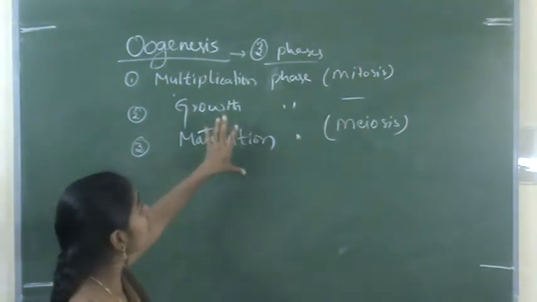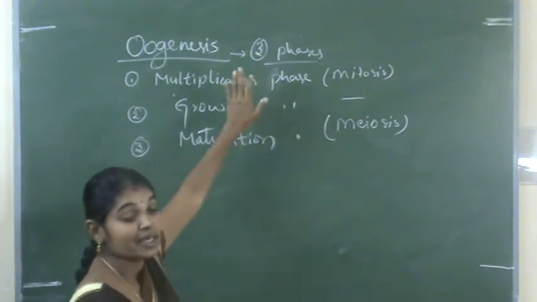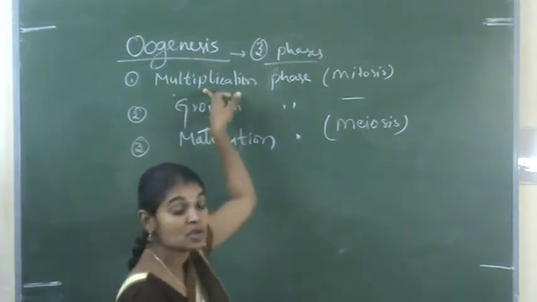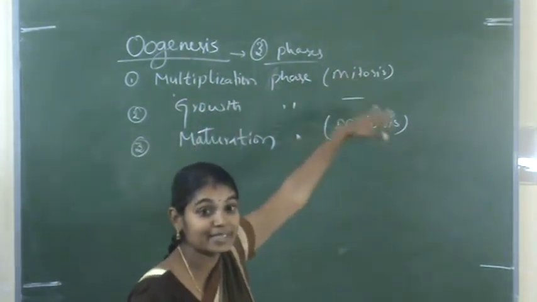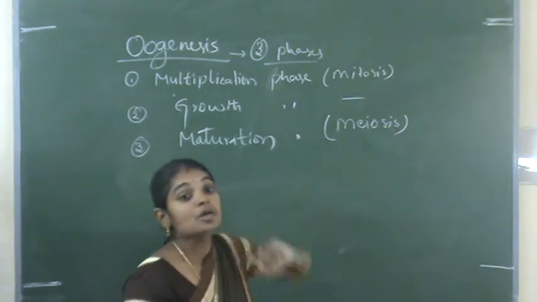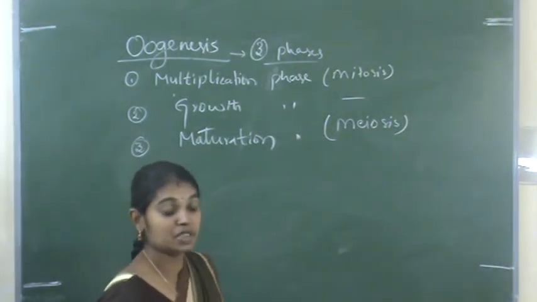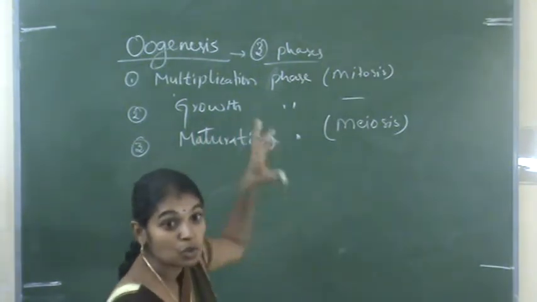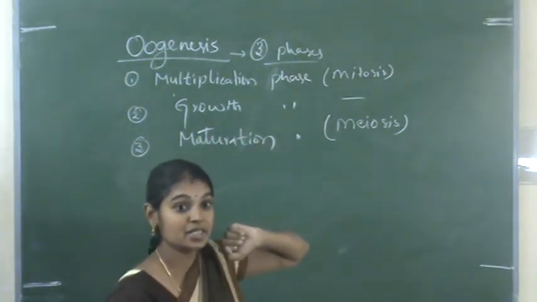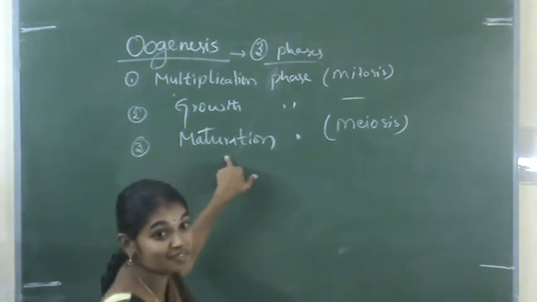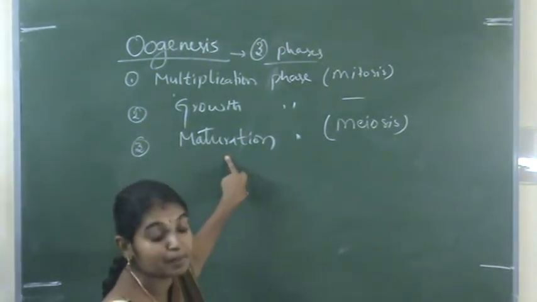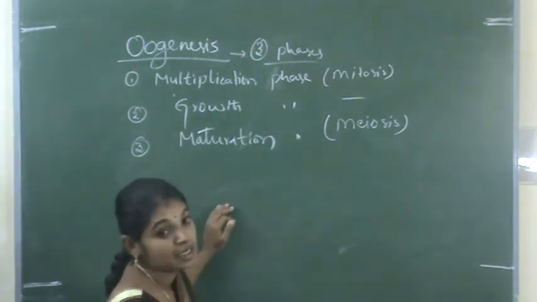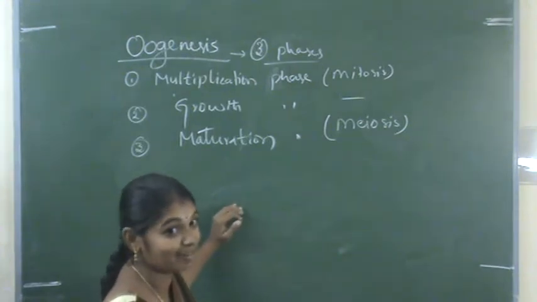So these are the 3 stages in the oogenesis process. One is the multiplication phase, where the mother cells undergo mitotic cell division to form the secondary oogonial cells. Then the growth phase, where only the size of the cell increases. Then the maturation phase, where meiotic cell division takes place, and finally the ovum is developed.